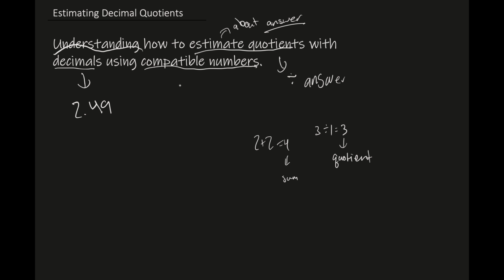Numbers are compatible, like 52 plus 93 might not be as compatible as 55 plus 95. So usually 5s and 10s are used as compatible numbers. Okay, so now let's go ahead and move on to our example.